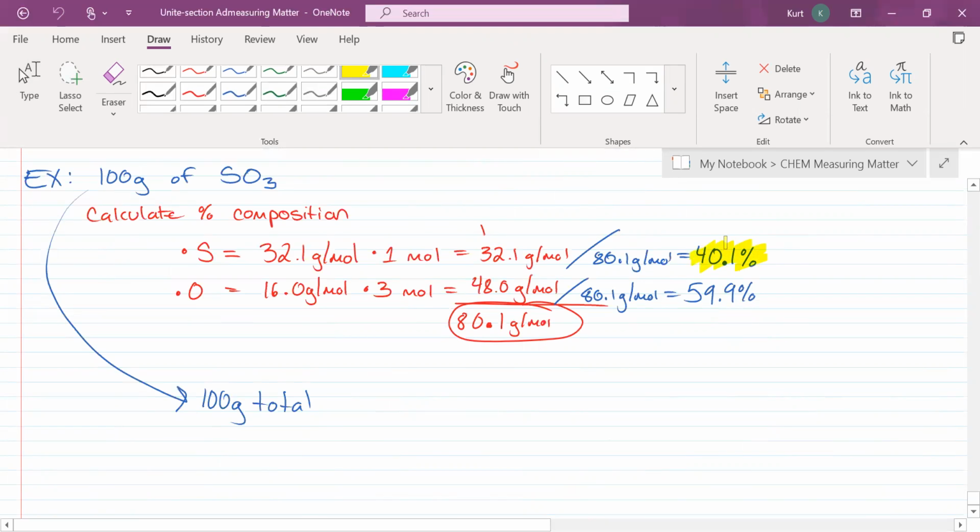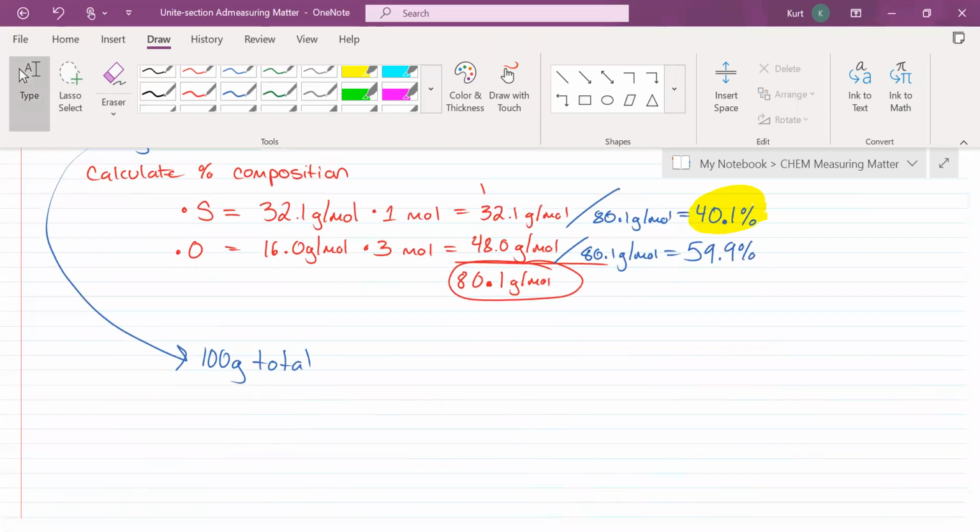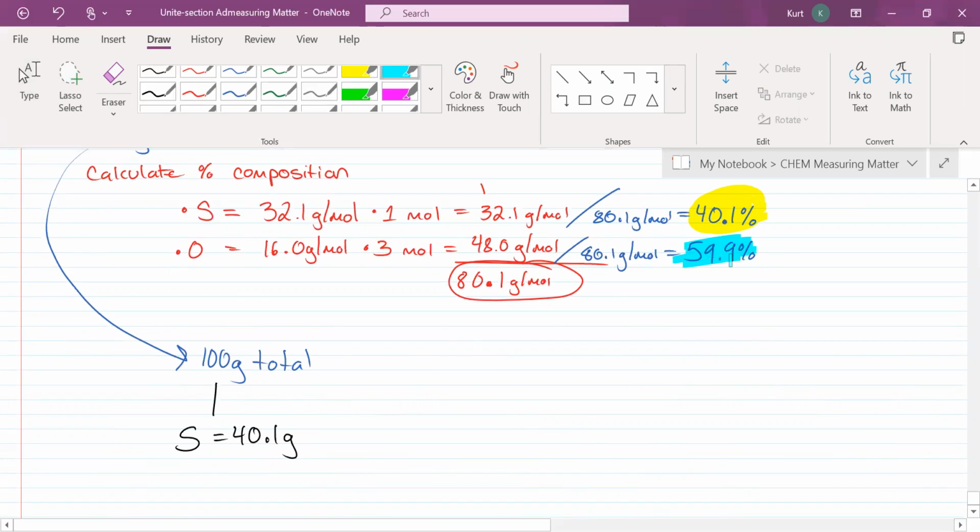And you have 40.1% of it is sulfur. How much of that 100 grams is the sulfur? That's right. Sulfur will equal 40.1 grams. And Carson, what percent of it is going to be oxygen? That's good.